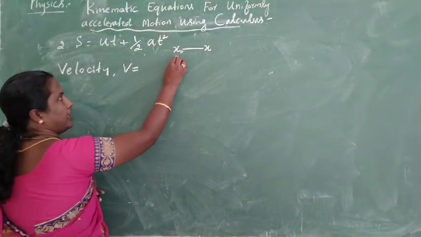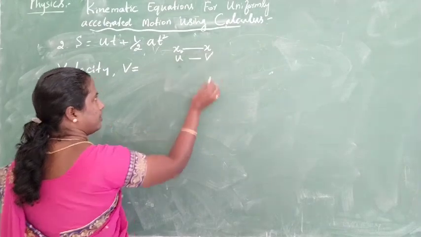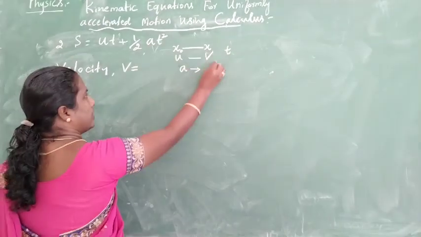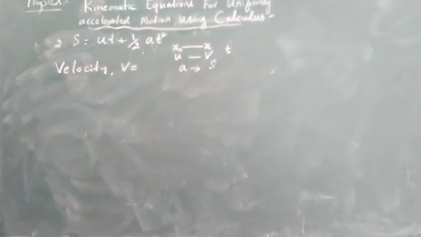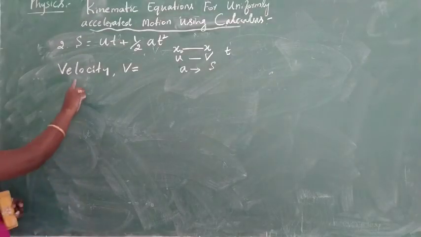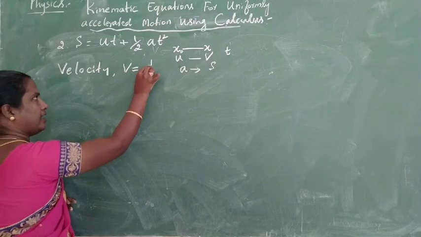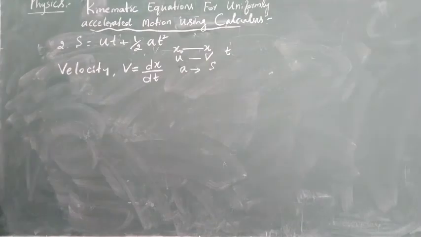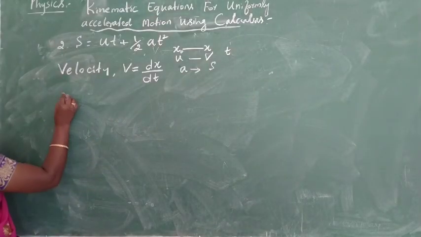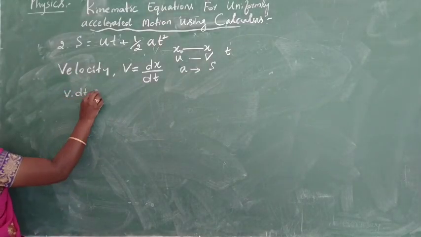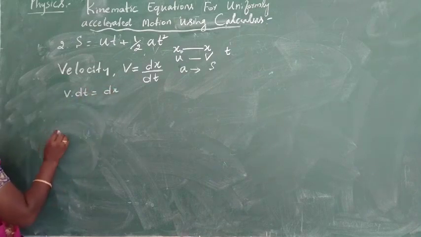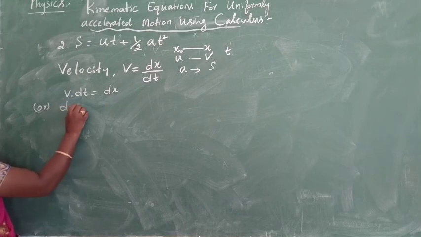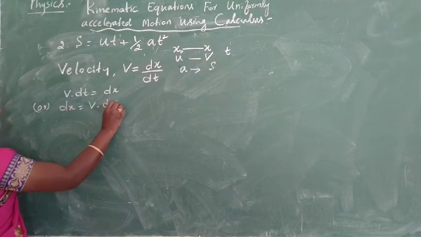It changes its velocity from u to v in a given time interval t, but the acceleration remains the same. Then s is the displacement made by the particle. Now for velocity, I can write the rate of change of displacement, dx by dt. This gives v into dt is equal to dx, or we can write dx is equal to v into dt.